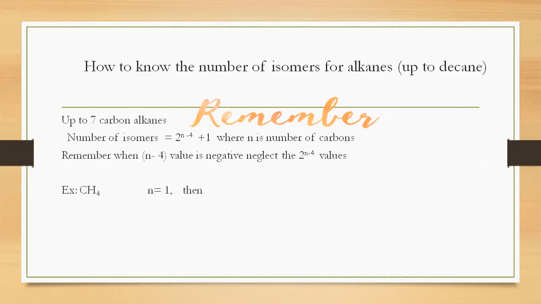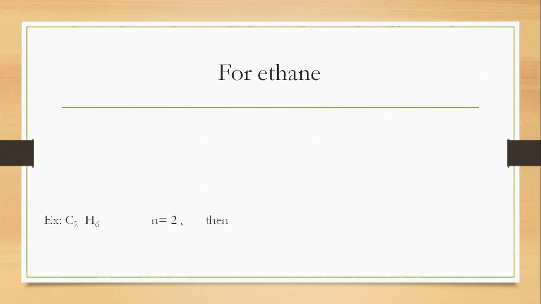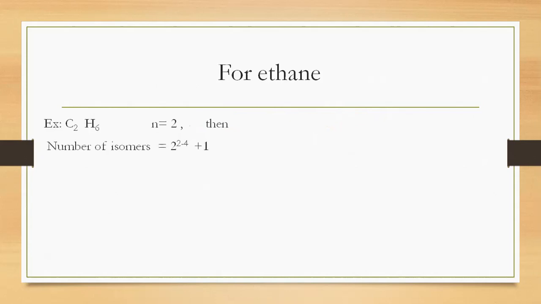Already mentioned this. Only one isomer for methane. Again, for C2H6, n is 2. Number of isomers is 2 to the power (n minus 4) plus 1, 2 to the power minus 2 plus 1. And 2 to the minus 2 should be taken as 0 here, plus 1.